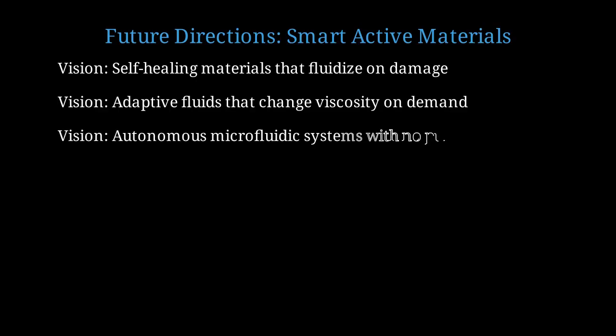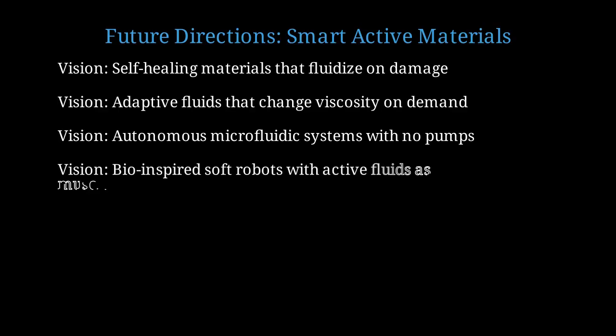Fully autonomous microfluidic lab-on-a-chip devices, where the fluid transports itself through channels without any external pumps or valves. Soft robots that use active fluids as artificial muscles, generating motion and force from chemical fuel without traditional actuators.